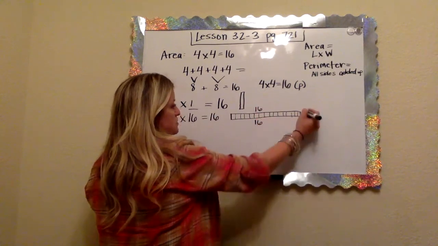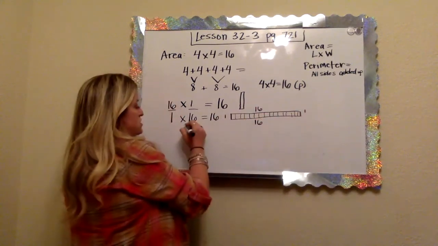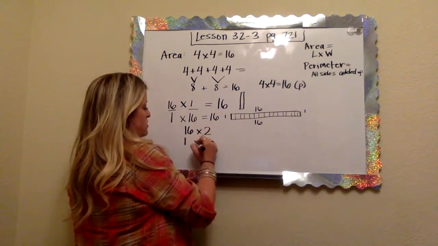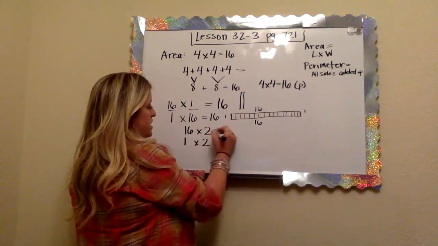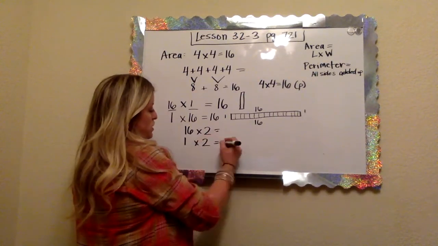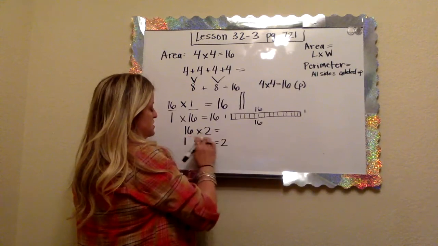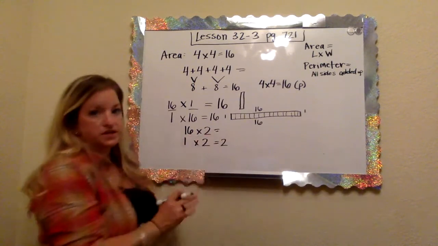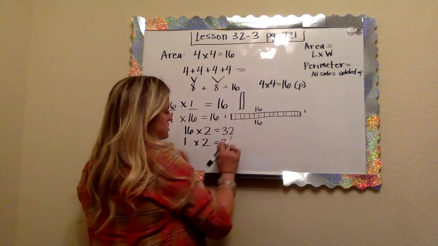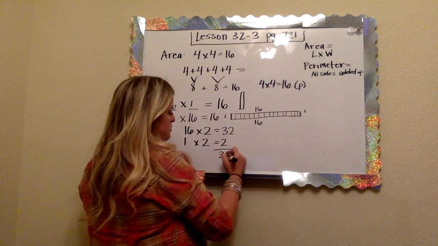The perimeter for this one, let's just go with this one for example, is 16 plus 16 plus 1 plus 1. So it's 16 times 2 and 1 times 2. Anything multiplied by 1 is going to be that factor. So 2 times 1 is 2. 16 times 2 is 16 plus 16, which is 32. 32 plus 2 is 34.